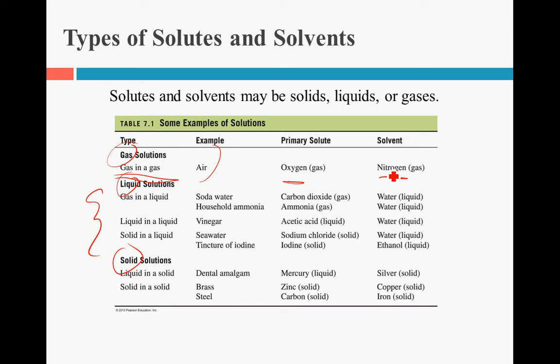It could be in a liquid, for instance, carbon dioxide gas mixed with water, or soda water. Vinegar, acetic acid with water, so two liquids mixed together. A solid and a liquid being mixed together, for instance, salt and water being mixed together.